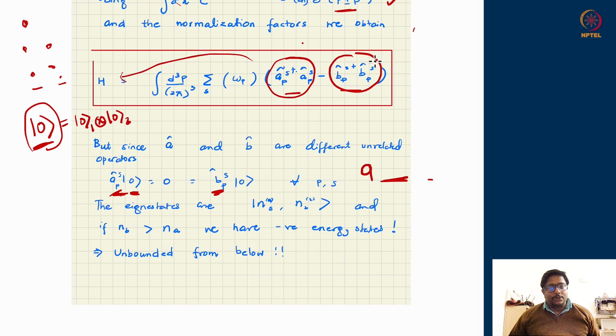If I keep on increasing the negative frequency oscillator sector more and more, I will get a more and more negative Hamiltonian, and therefore negative energy states. This Hamiltonian becomes unbounded from below, because in principle I can excite infinitely many particles in the negative energy sector and no particle, or finite particles, in the positive frequency sector. The end result will be that the Hamiltonian will become minus infinity.